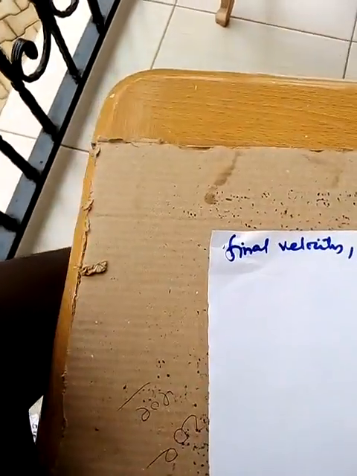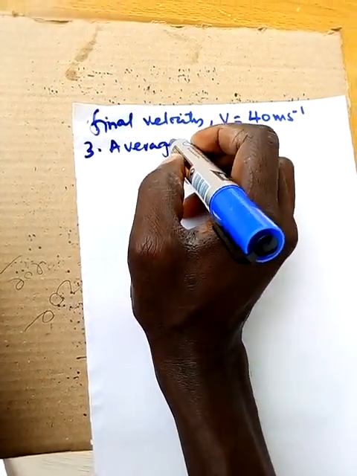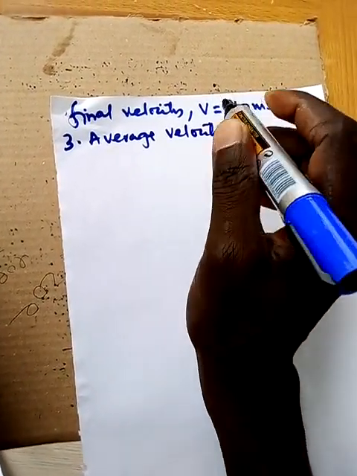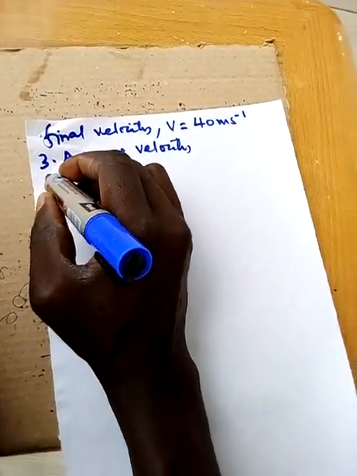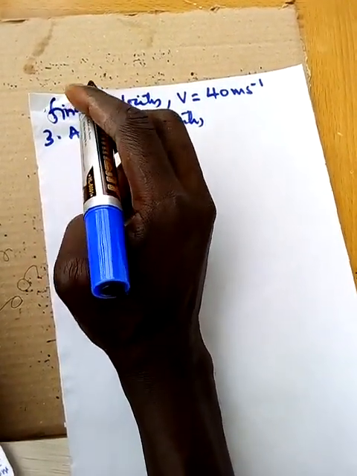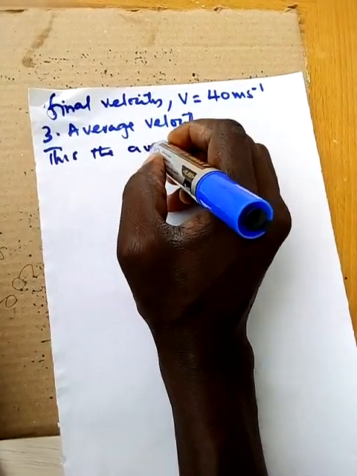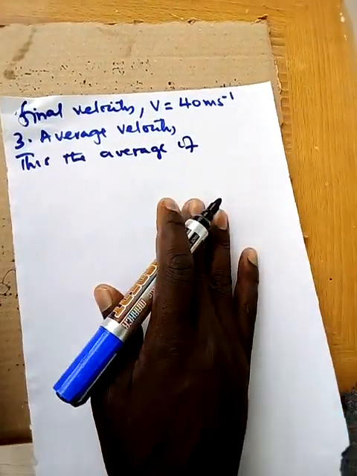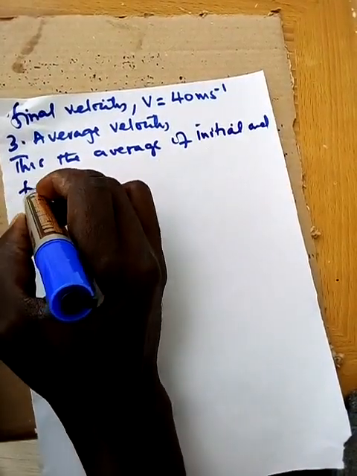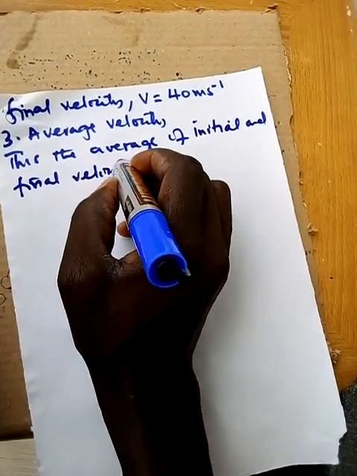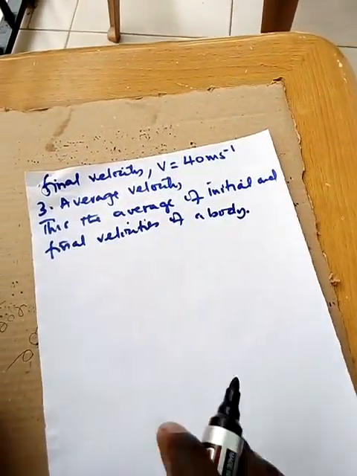Then there is what we call average velocity. That is number 3. Average velocity. This is the average of initial and final velocities of a body.